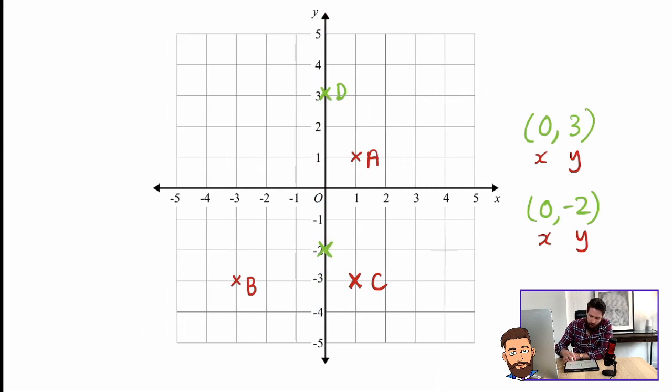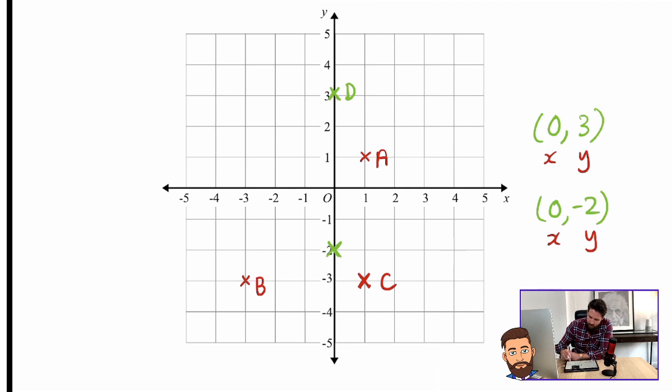Similarly, going off on a bit of a tangent, if you think about the coordinate 2, 0, where now the 0 has gone to the y coordinate, we can see that if I start at the centre and go along 2 and up 0, that means I stay exactly on the x-axis.